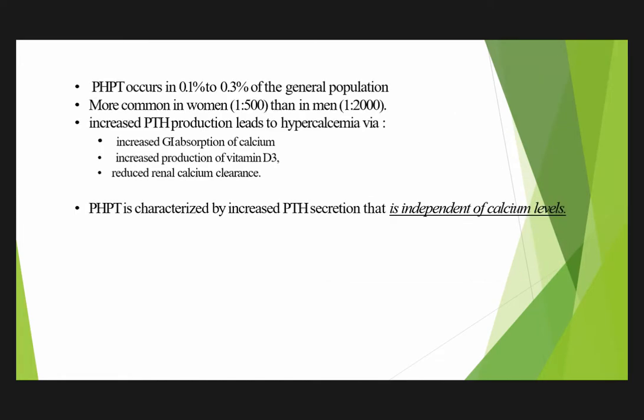PTH is produced at a high level in primary hyperparathyroidism. So a high level of PTH stimulates, what does it do? It stimulates, of course, elevation of calcium in blood. So look, you will see 2 changes: PTH elevation and calcium level elevation.